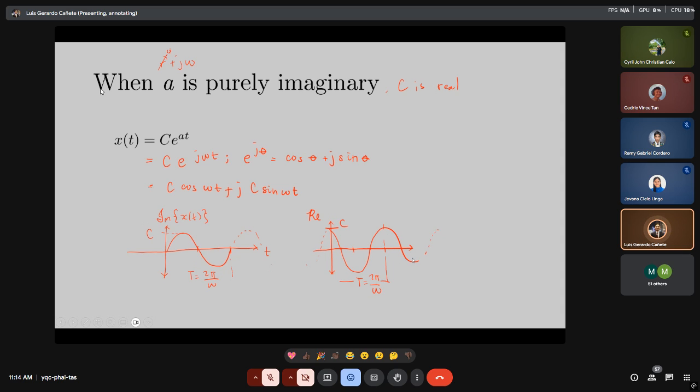Now, you might be tempted to think, well, what is this representing, right? So, notice that there are two coefficients here, right? And this real part right here, you can have an example of a system that will exhibit this kind of behavior, at least when you consider that the solution is going to be Ce^(at).